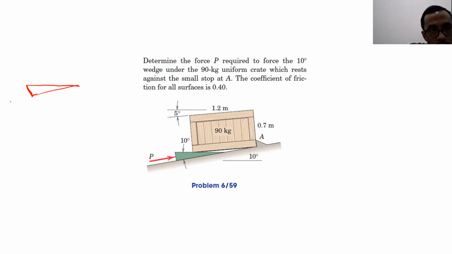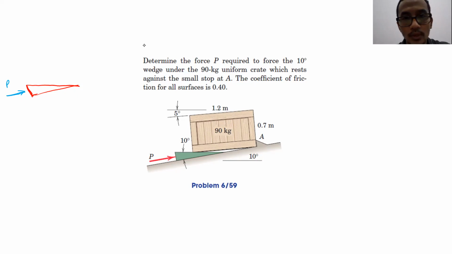So it's supposed to be parallel with the slanted surface. This is the force P there. Okay. Beside that, what we have here supposed to be the normal force and the friction force at the wedge.